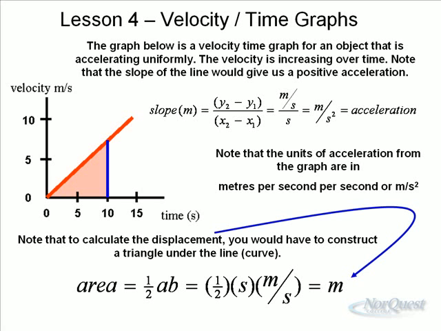In order to calculate the displacement, you would construct a triangle under the curve and you would get the units meters, which would be good. If we substituted numbers in there, we would get the proper answer to this problem. What is the displacement of this particular object after 10 seconds?